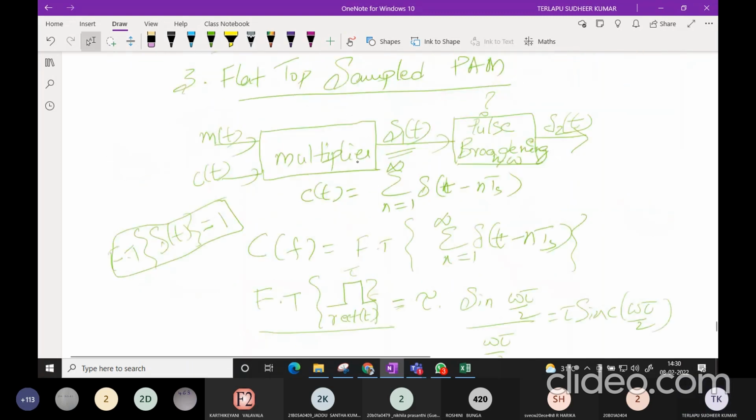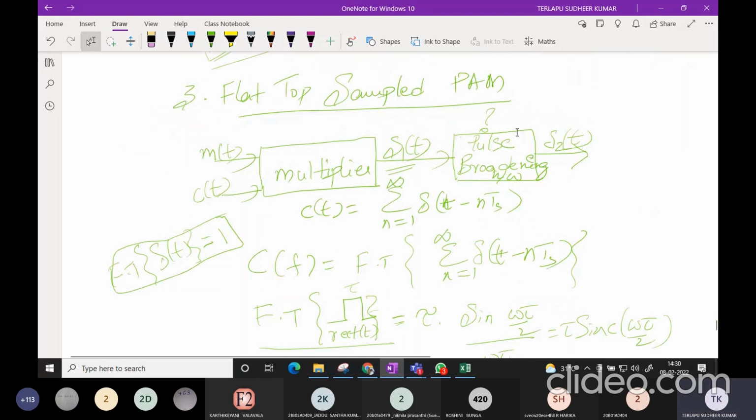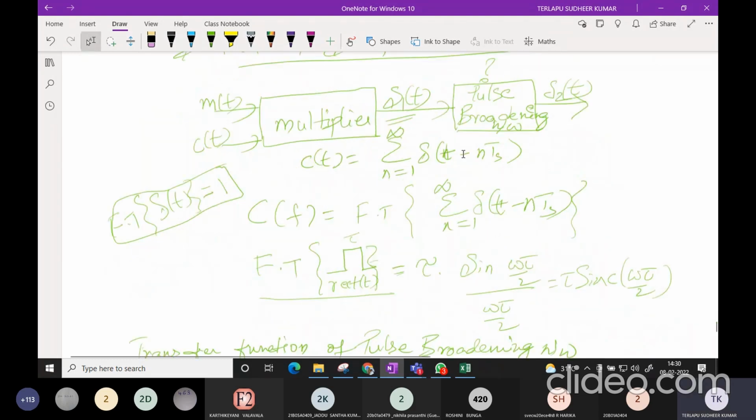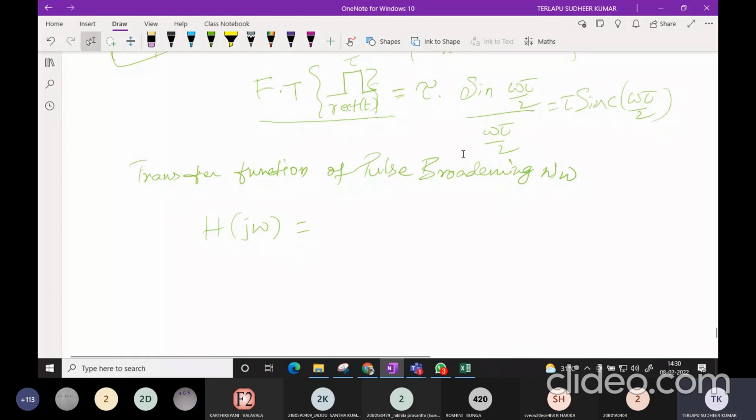So the transfer function of this pulse broadening network can be defined as the Fourier transform of the output signal divided by the Fourier transform of the input signal.